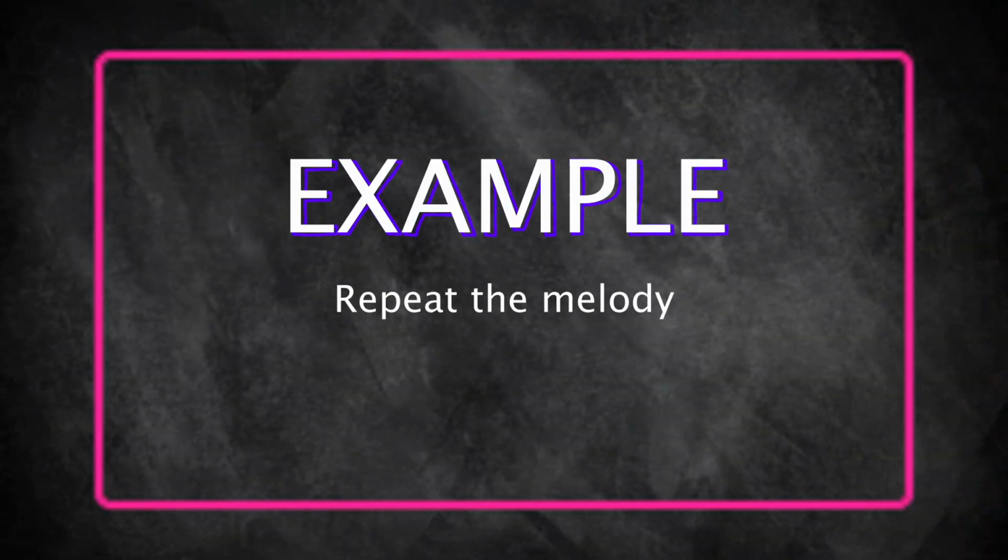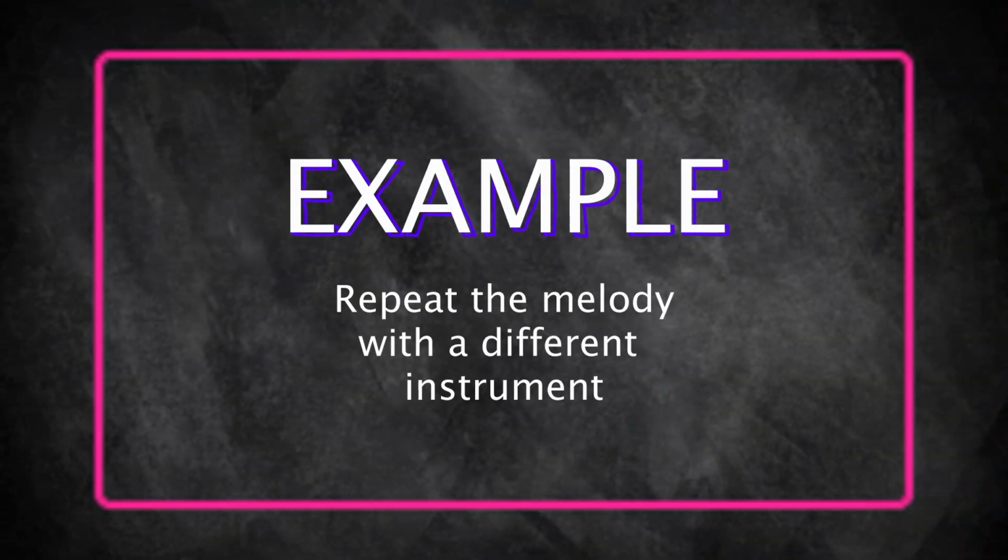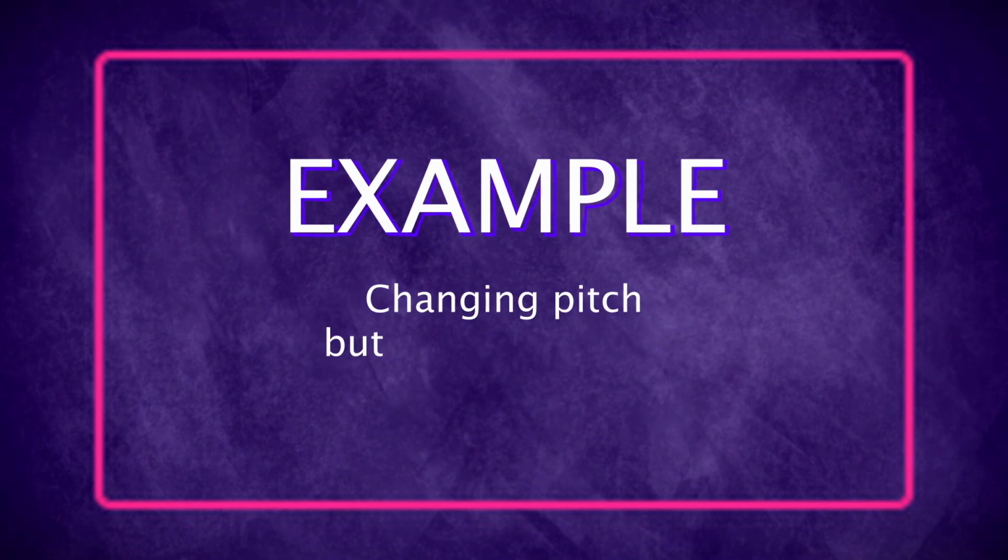As an exercise, why don't you try creating a melody that features Scotch snap rhythms? Once you've done this, think how you can develop it. For example, having the melody played again, but by a different instrument, or changing some of the pitches, but keeping the rhythms the same.